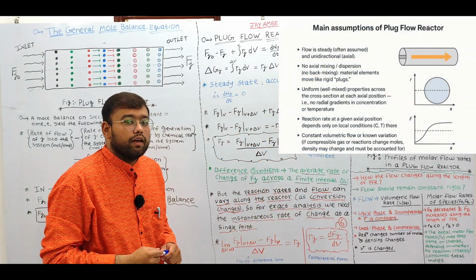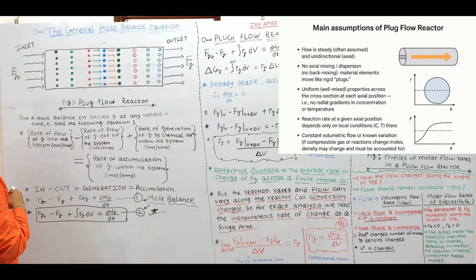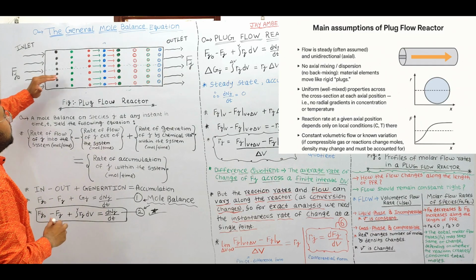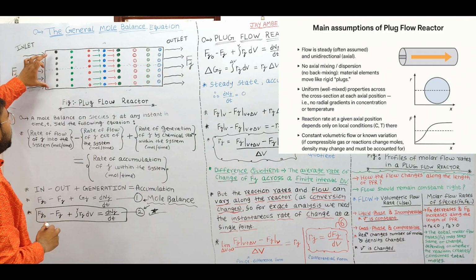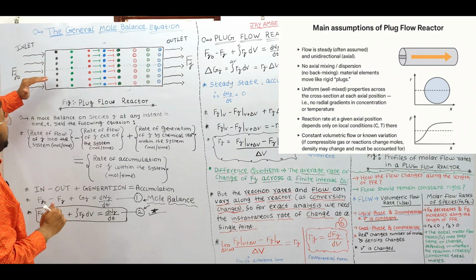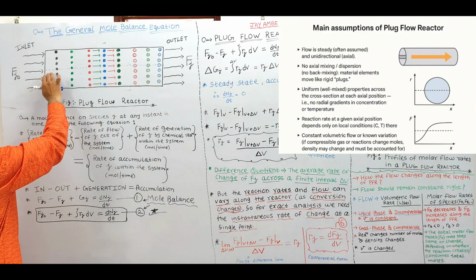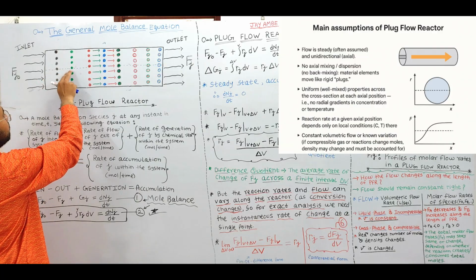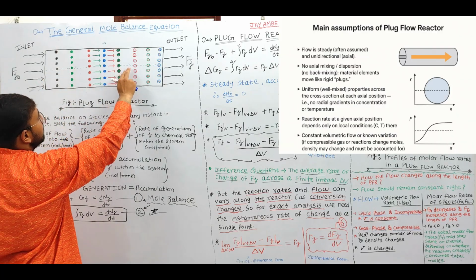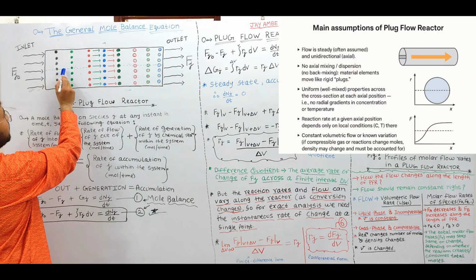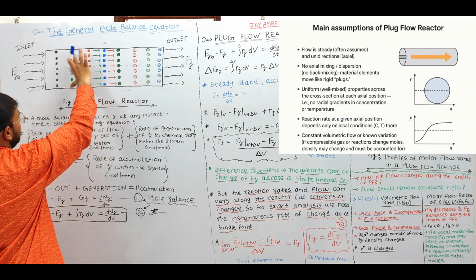So we'll understand the second assumption in detail, right? Let's say the axial direction, which means through the axis. The blue dotted line indicates the axial direction of the reactor.